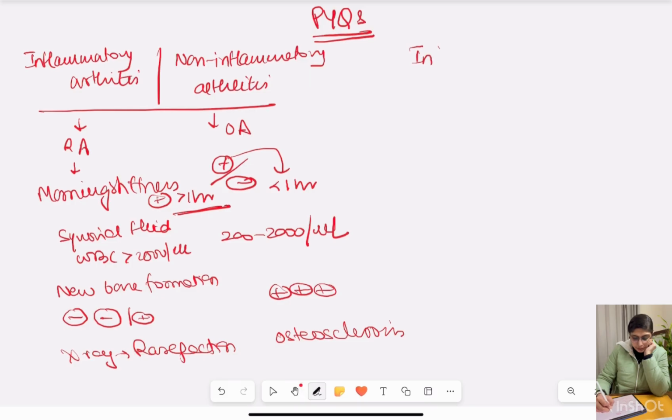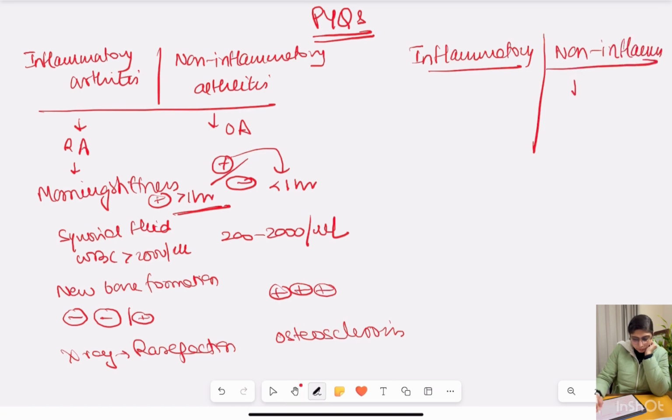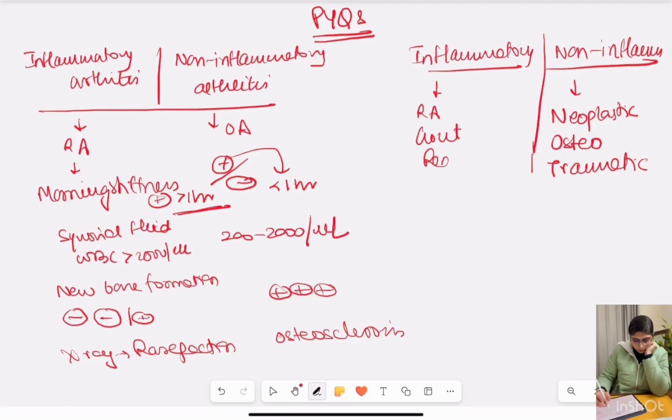Examples of non-inflammatory arthritis, NOT, that is neoplastic, osteoarthritis, post-traumatic arthritis. Inflammatory arthritis: RA, gout, reactive, SLE, other autoimmune conditions are all inflammatory.